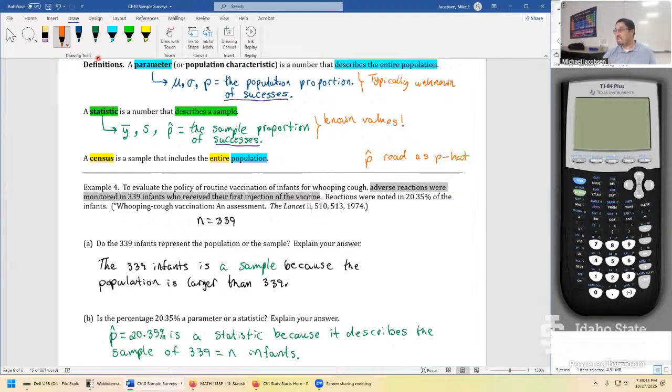So let's say here, just to tie in the concept, a success is an adverse reaction to the vaccine.